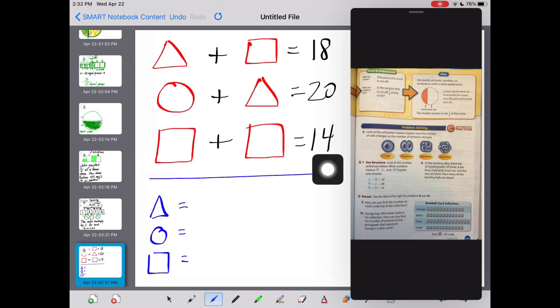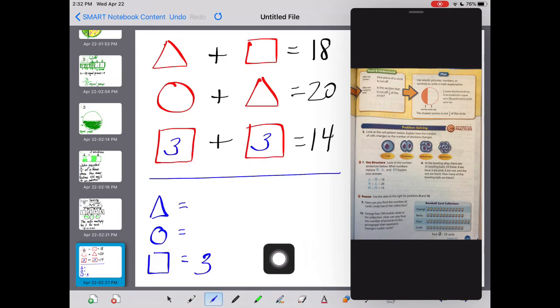I looked at this problem here because I'm looking at square plus square. That means whatever number I say the square has to be, let's say I say, oh, the square must be a 3. Well, then I've got to put 3 here and I have to put 3 here, because square equals 3.